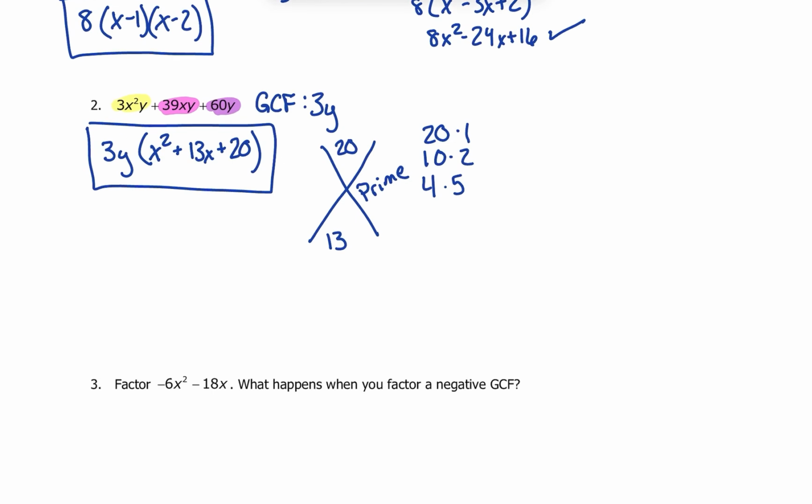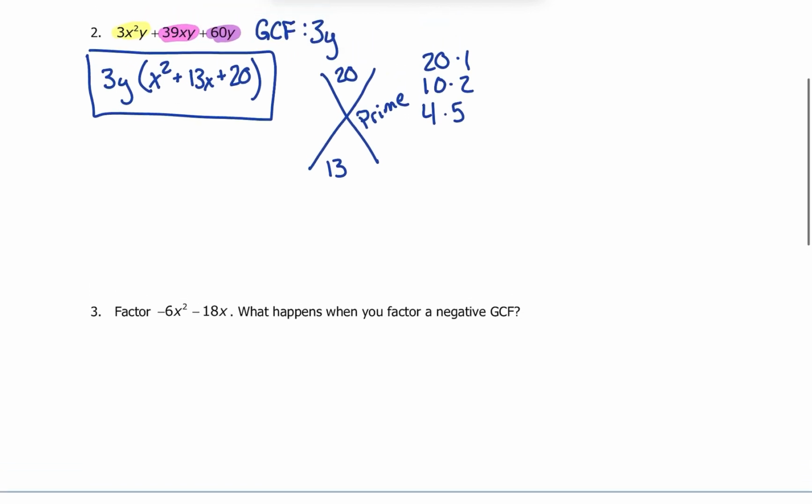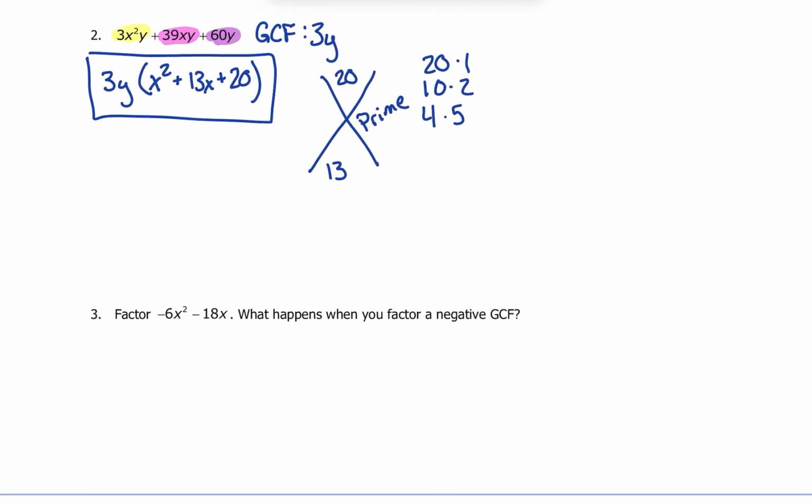Okay, looking at our next question, we have factor negative 6x squared minus 18x. So again, remember our first look, we're going to look for a GCF. Okay, in both terms, we have a negative 6, and we also have an x in both terms.